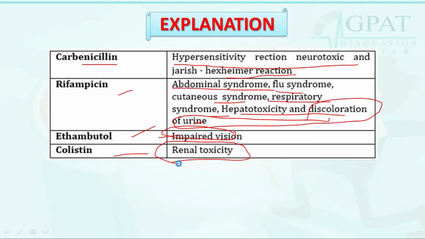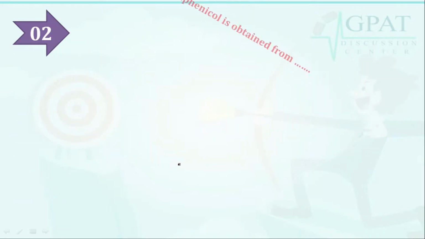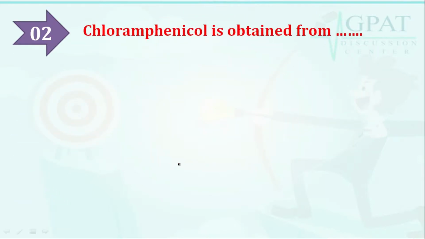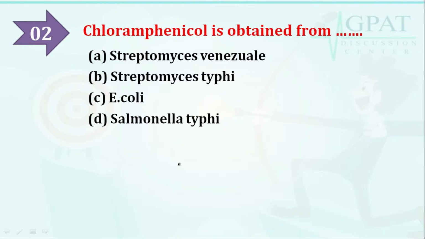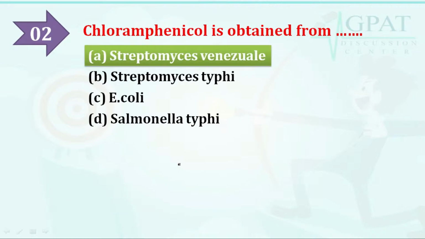Moving on to the next question: chloramphenicol is obtained from which source? Option A is Streptomyces venezuelae, option B is Streptomyces typhi, option C is E. coli, option D is Salmonella typhi. The correct answer is Streptomyces venezuelae.